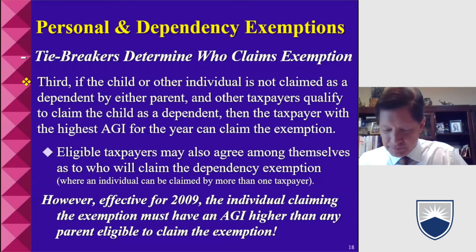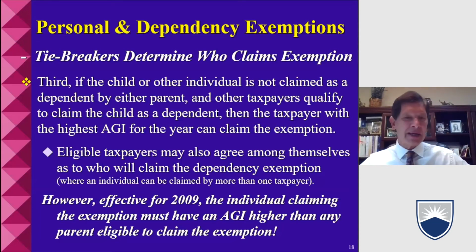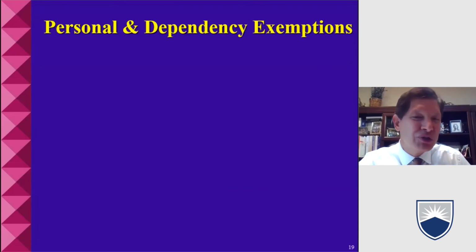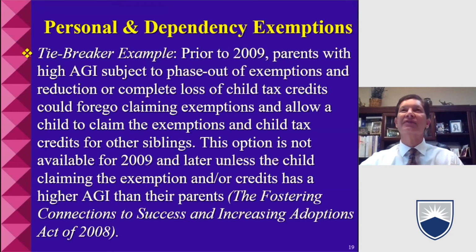Ten years ago, going back to 2008, if mom and dad had $400,000 or $500,000 of adjusted gross income, they had already been phased out of claiming any personal or dependency exemptions. So if they were receiving no benefit to claiming someone as their dependent, they were allowing their children to claim each other. Why? So the children could capitalize on the educational credits, child tax credit, benefits they as parents were no longer entitled to.